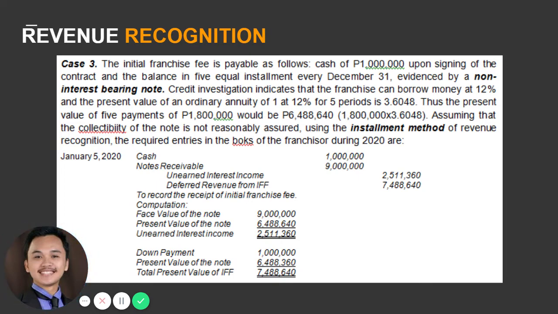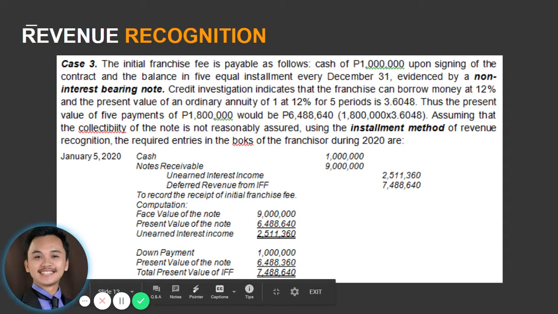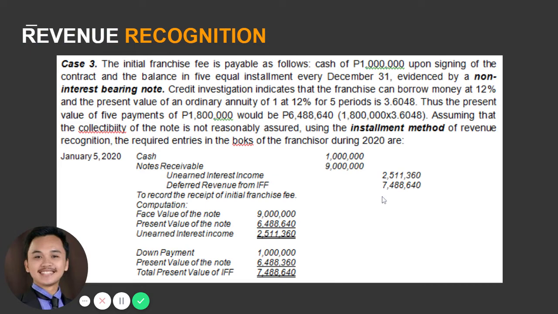So that will be 6,488,640. That's not 360 but 640, plus 1 million. So therefore, your total present value of your IFF, which is also the amount of your deferred revenue from initial franchise fee, will be 7,488,640. Okay?